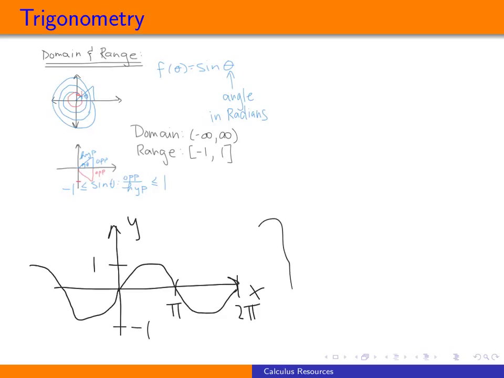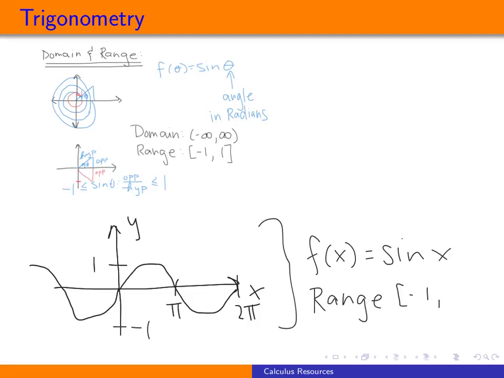So if we look at this, where f of x is sine x, I can see that my range, which are all the y values covered by the graph, has to be exactly negative 1 to 1. And the domain, which here are the x values that are covered, are all real numbers. So the domain, again, is negative infinity to infinity.